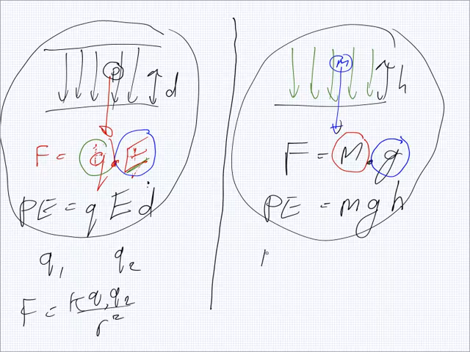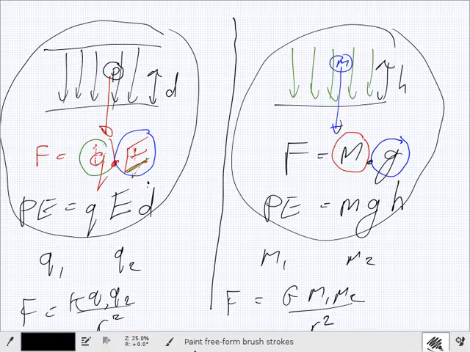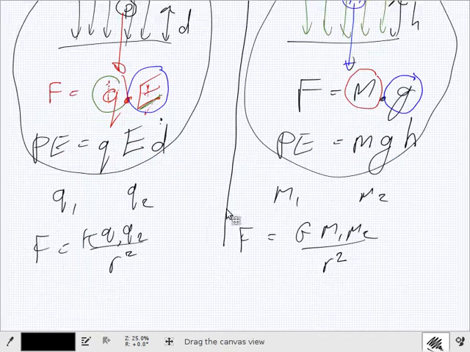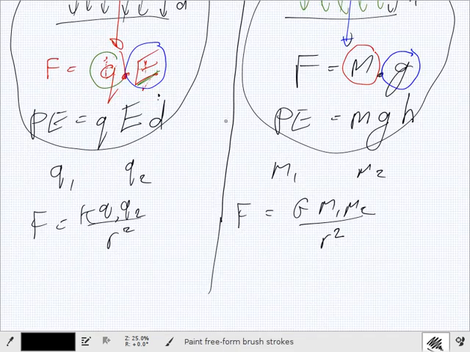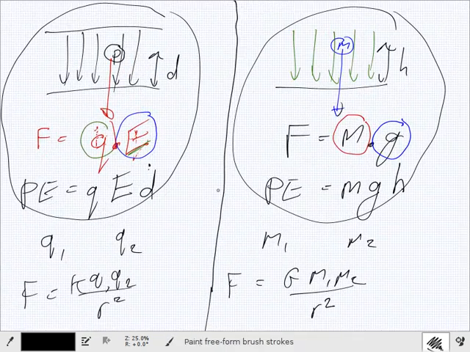And here, if you had an M1 and an M2, what's the force? It's G M1 M2 over R squared. Can you see how the two are actually nearly the same? But there's one big difference which I want to show you.